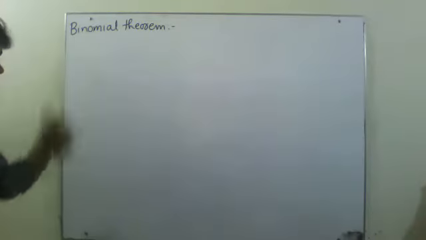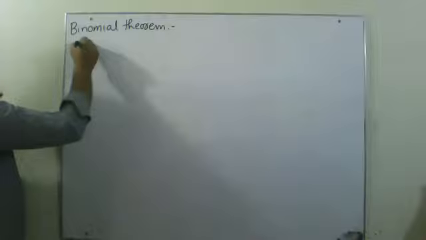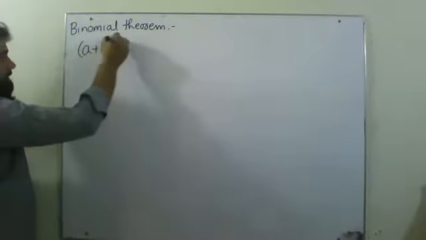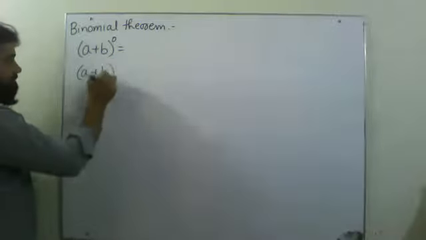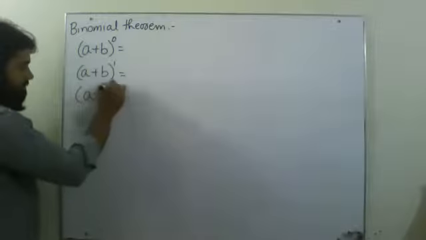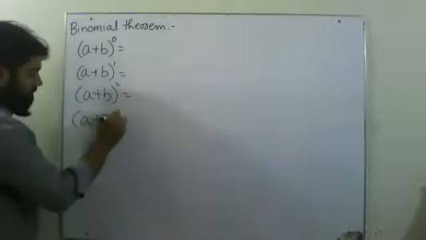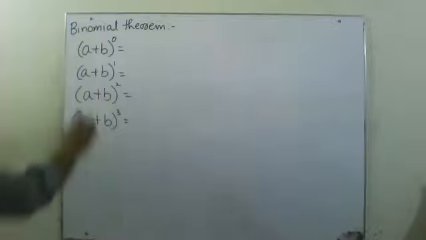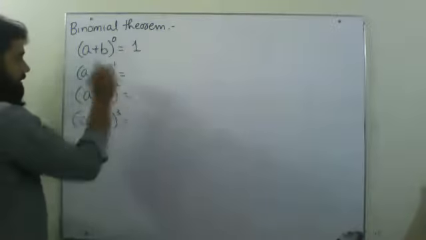Okay. So first of all, for instance, you have (a + b) whole power 0, (a + b) whole power 1, (a + b) whole power 2, (a + b) whole power 3. When I expand these, (a + b)^0 will be equal to 1.